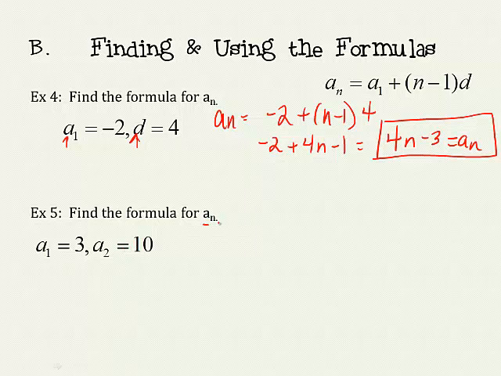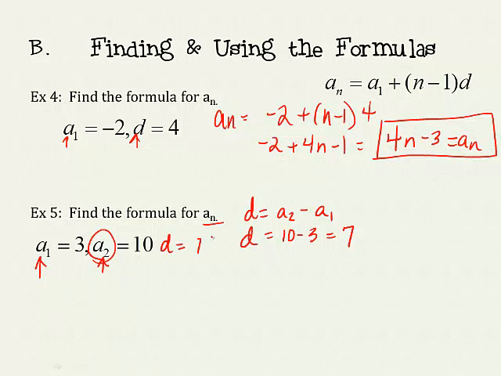Example 5. Here's another one. Find the formula for a sub n. Now, here's what's different. They gave me a sub 1, but they didn't give me d. They gave me a sub 2. Well, that's enough information for me to find d. So in order to find d, I take the second term and I subtract the first term. It's that simple. So 10 minus 3 gives me 7. So that's what d is.